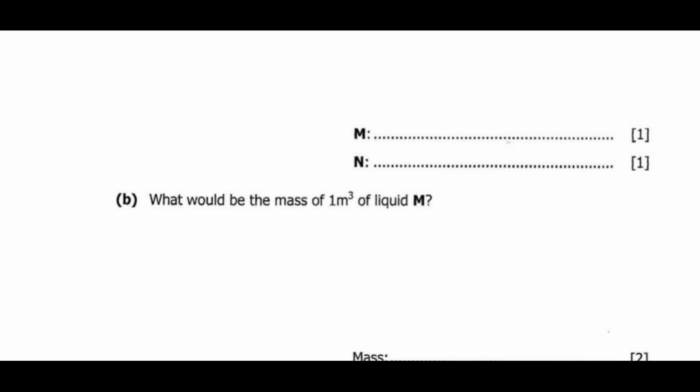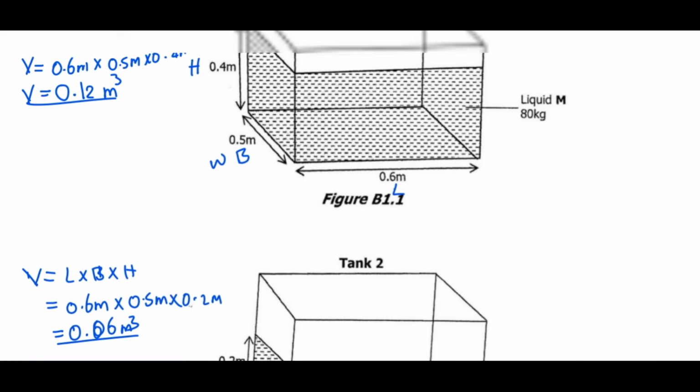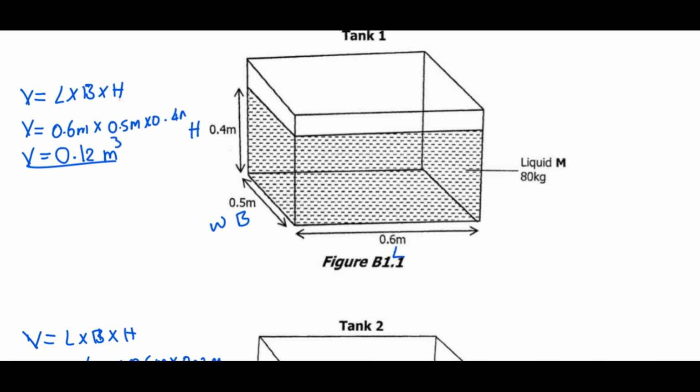Now for B, what would be the mass of 1 cubic meter of liquid M? So let's go back to liquid M. So liquid M is this one. This 80 kg is the mass for 0.12 cubic meters.